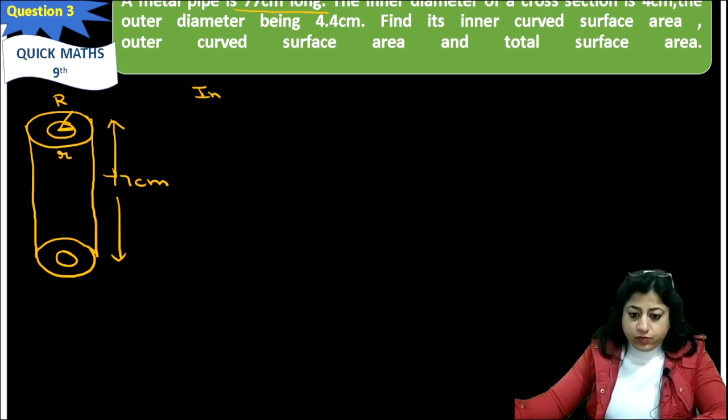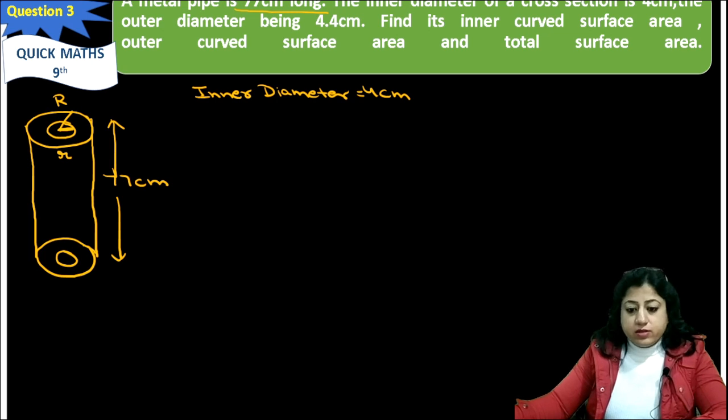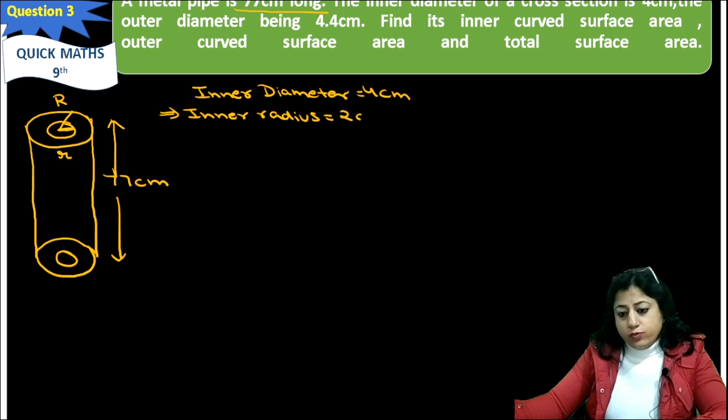Means first of all, inner diameter is 4 centimeter. So if the radius is r, then we can say that inner radius is 4 by 2, that is 2 centimeter.